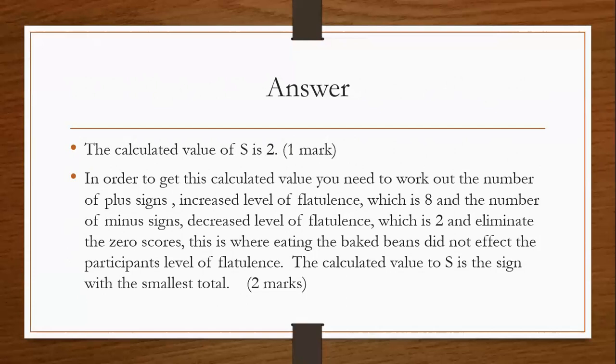And these are the increased levels of flatulence, which is 8, and the number of minus signs, which is a decreased level of flatulence, which is 2. And eliminate the zeros. This is where eating baked beans did not affect the participant's level of flatulence. So what you're doing, you're explaining how you got to that value. So the calculated value of S is the sign with the smallest total.